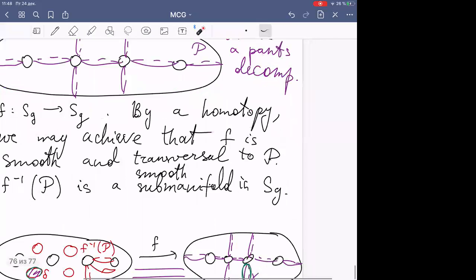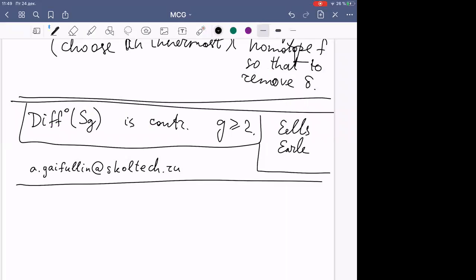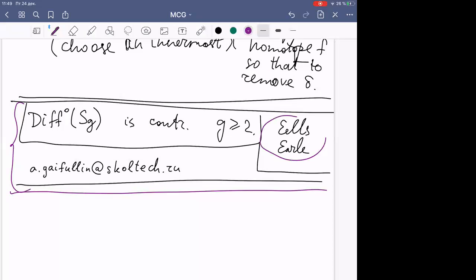And then I would like to discuss some ideas and a sketch of the proof of the fact that the group of diffeomorphisms of a closed oriented surface of genus at least two is contractible. It's not the group, but its connected component of unity. This is a result by Earle and Eells, something like 1967.